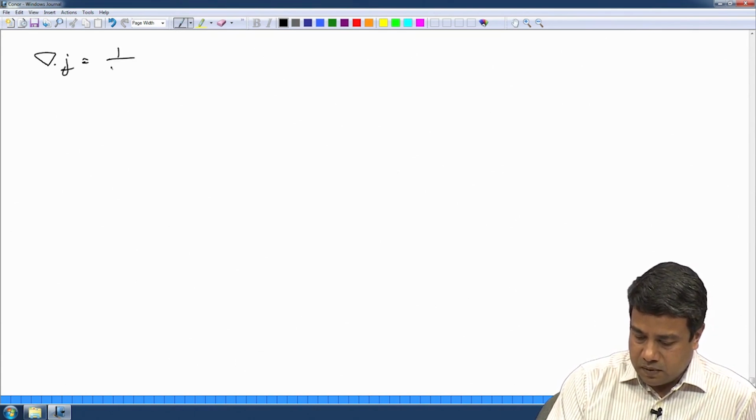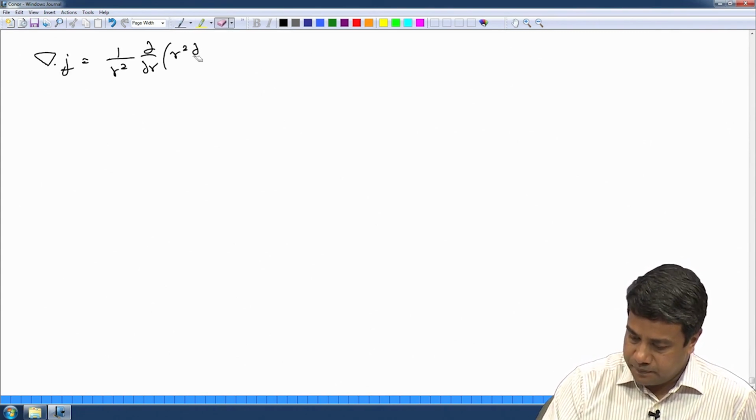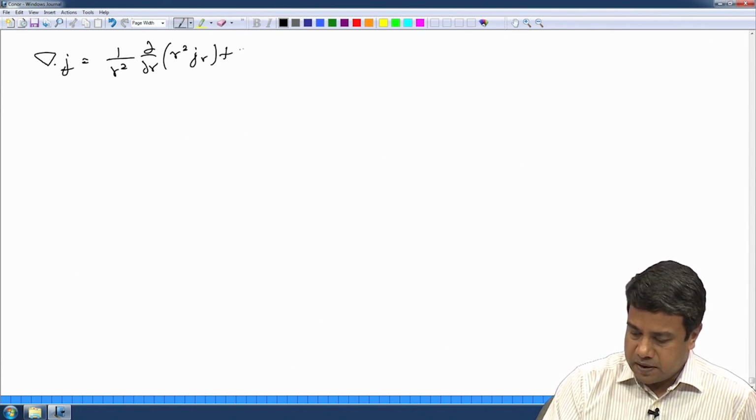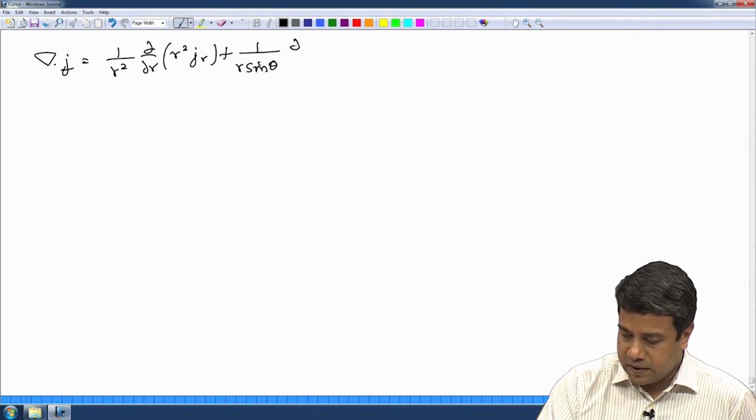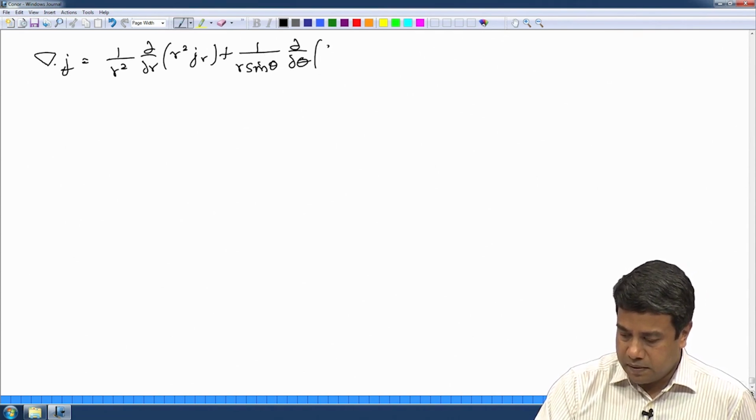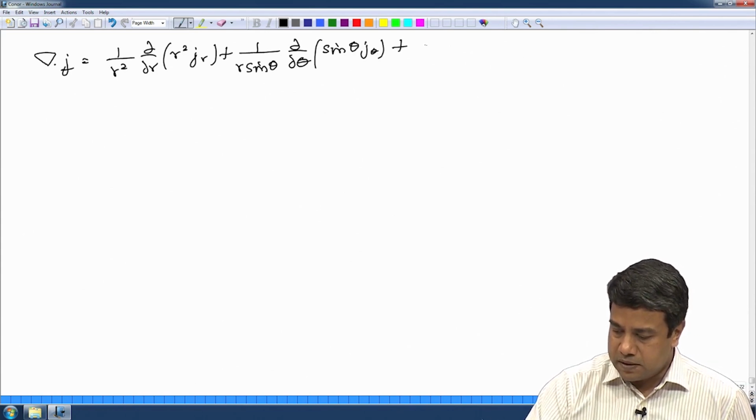it is equal to 1 by r square d by dr of r square jr plus 1 by r sin theta plus 1 by.